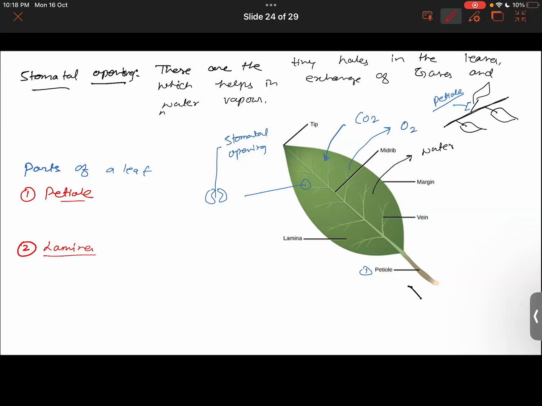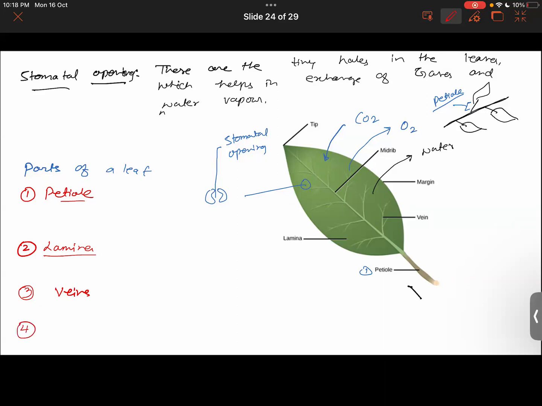Then you have got veins. Veins भी है ना? We can see it here. Just like we have veins running in our hands and body, a plant also has veins. Just like blood flows in the vein, all the minerals and water and the food prepared by the leaf flow in these veins. Okay?